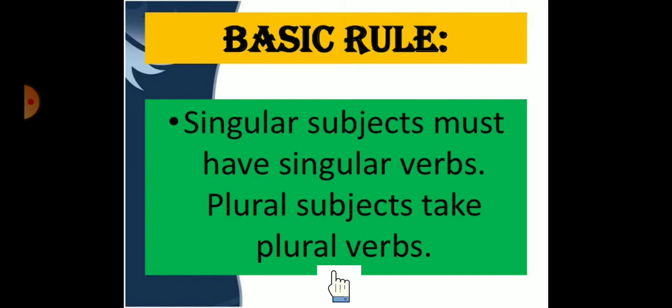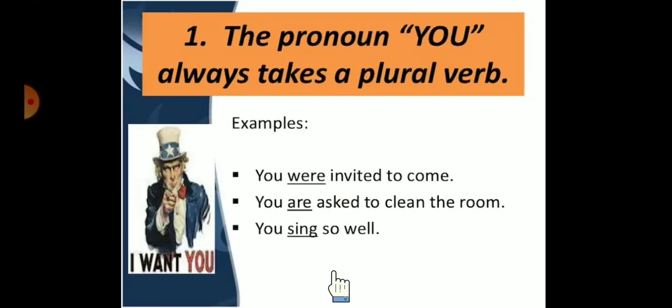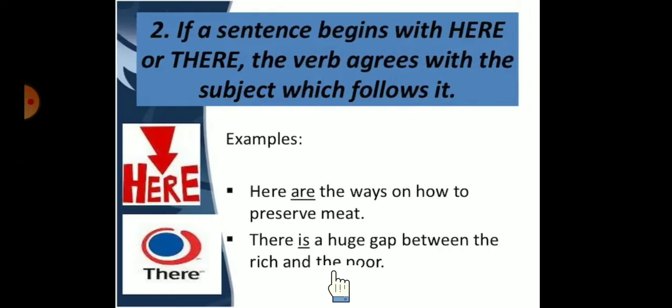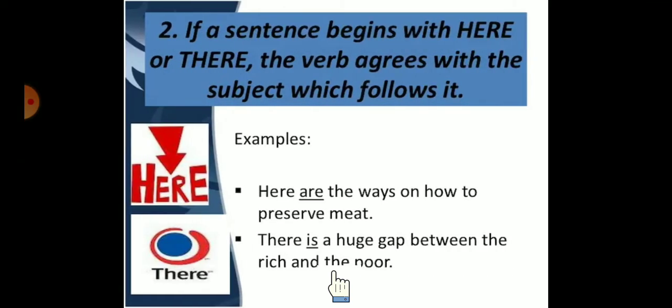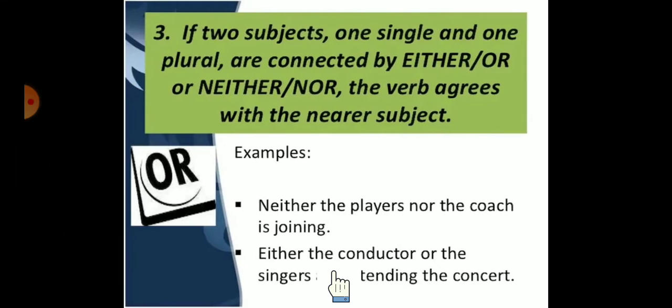Students, let's quickly revise the slides of the first 12 rules. So here we were in the previous class, rules on subject and verb agreement. This is our first rule, this is our second rule, this is our third rule, and we discussed this in the previous class.